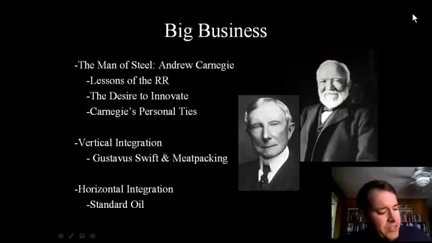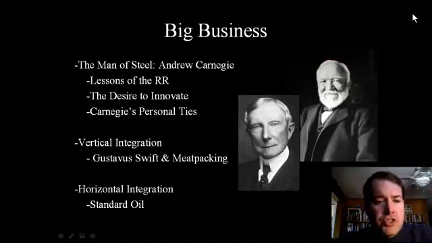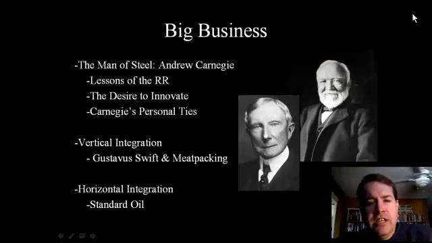To show you how much Carnegie Steel would be worth, by 1901, Carnegie would sell out to J.P. Morgan. J.P. Morgan was already in the steel industry, but Carnegie Steel overshadowed his company. He wanted to combine the two into a massive super corporation.